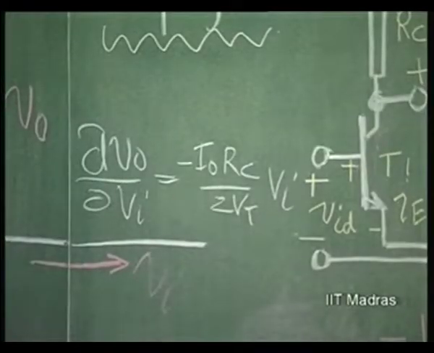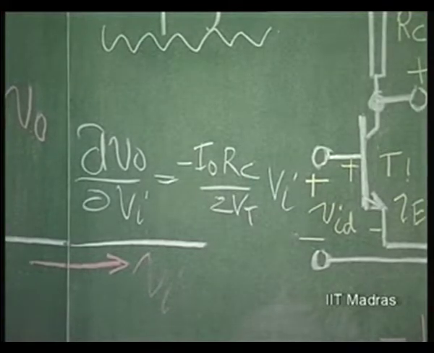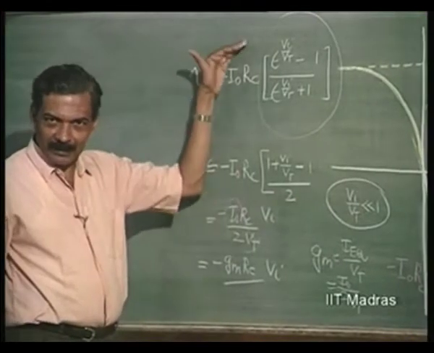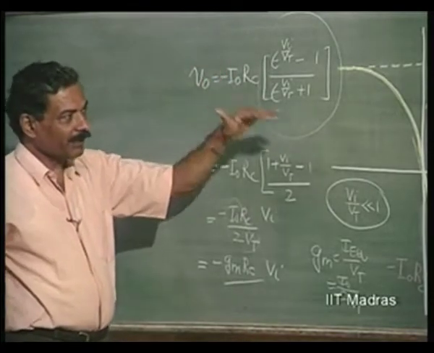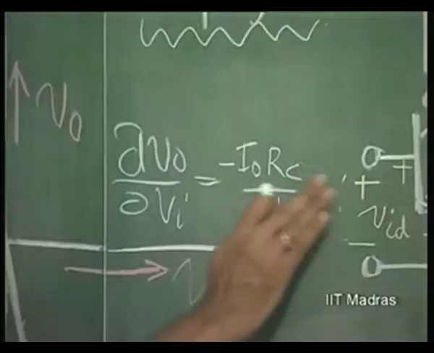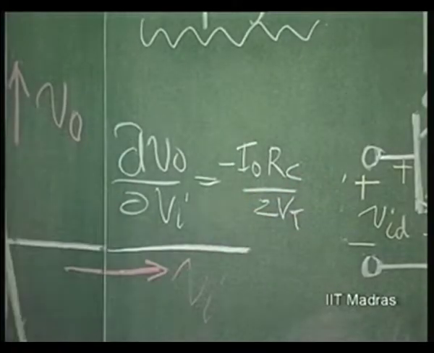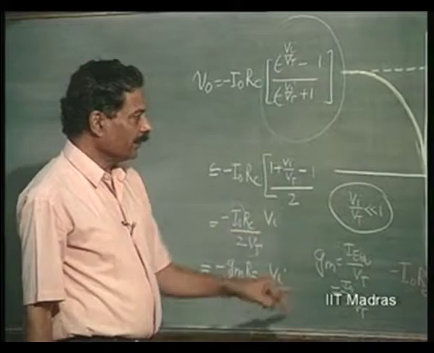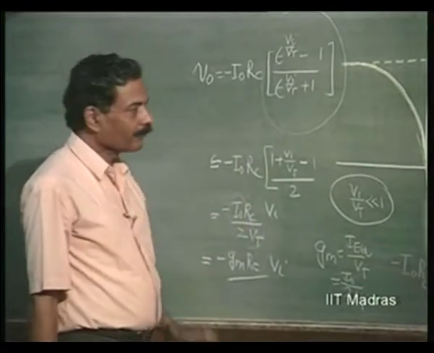It is the slope that we have illustrated here by making approximation. You can do that mathematically by finding delta V naught by delta Vi as minus I naught RC by 2 Vt from this.